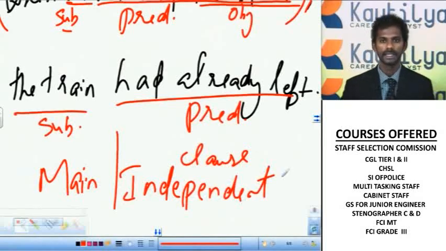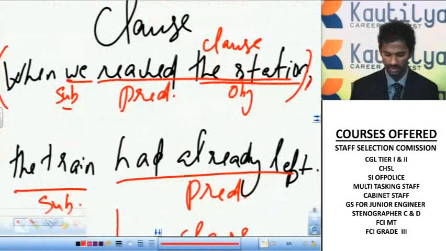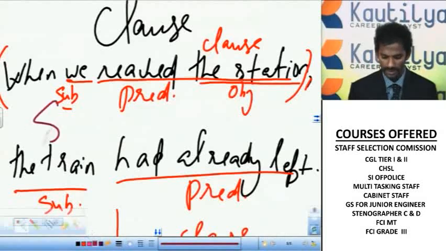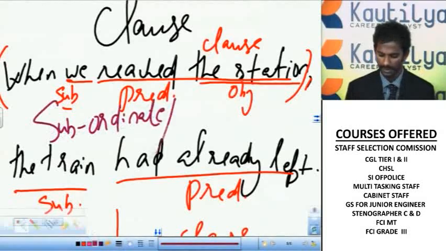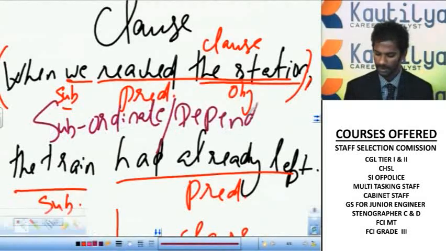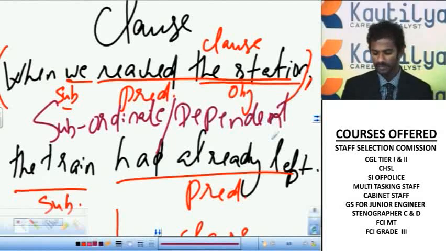The train had already left is termed as a main clause or independent clause, whereas when we reached the station is termed as the subordinate clause or the dependent clause. Both mean the same. So the train had already left is the main clause or independent clause, whereas when we reached the station is a subordinate clause or dependent clause.